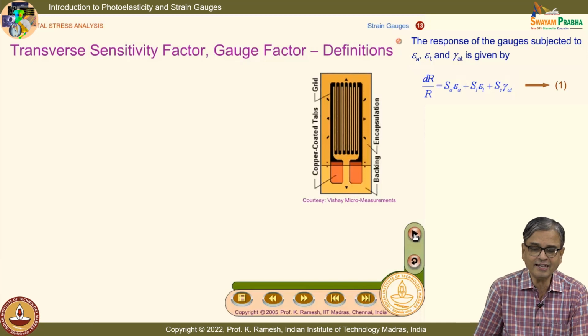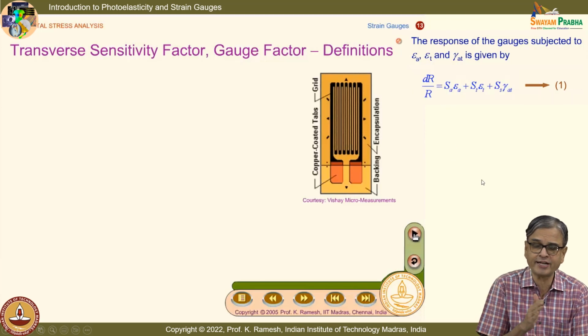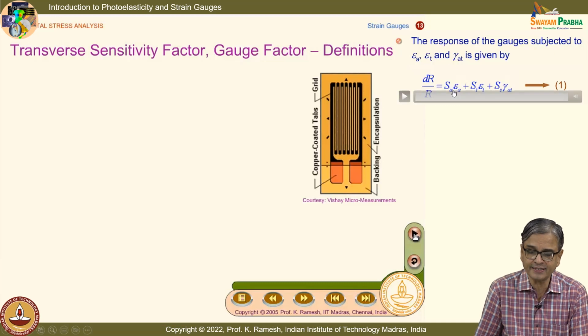So I can write this change in resistance delta R by R with 3 factors. When I was talking about a conductor, I put capital A. When I am talking about a strain gauge, the axial response I put as S suffix small a. So it is sensitive to epsilon A, it is sensitive to epsilon T as well as to shear strain.